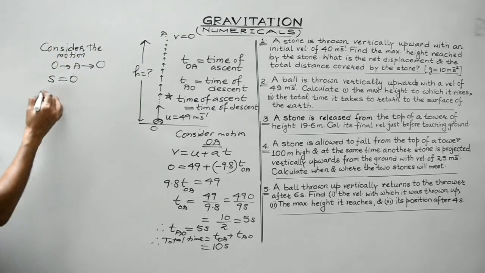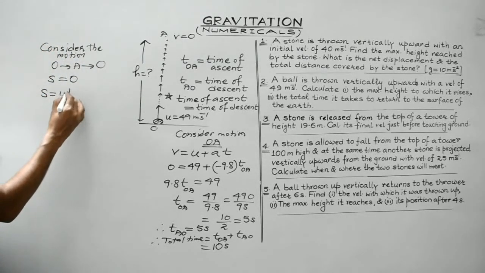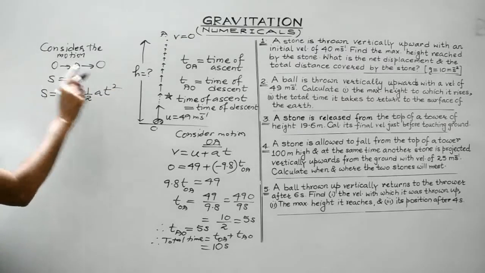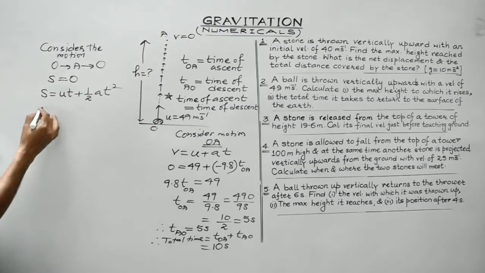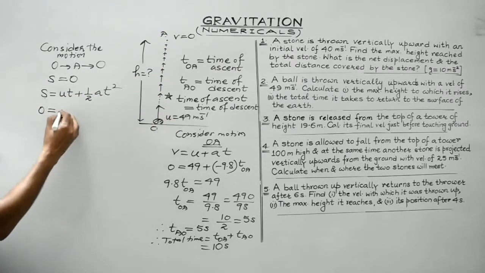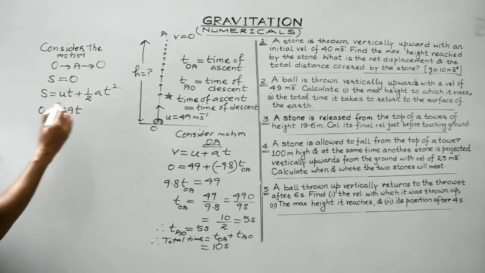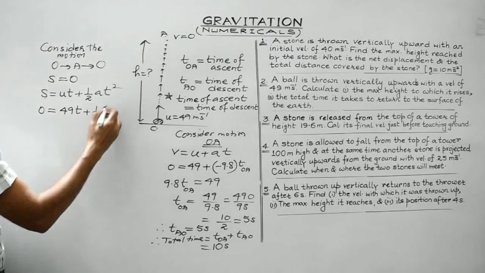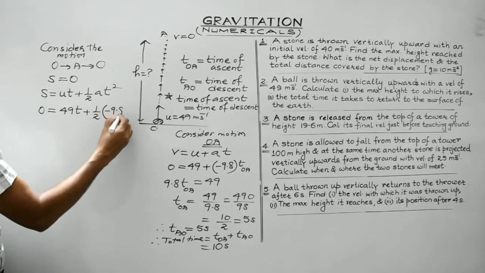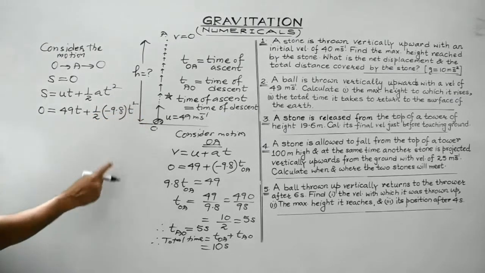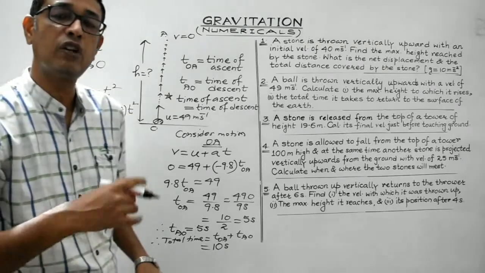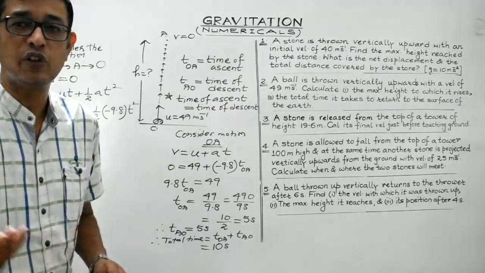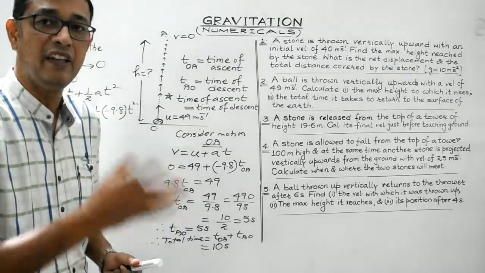So, here we can make use of second equation of motion. S equals to ut plus half at square. Displacement throughout the journey of this body is 0. U is 49 t plus half. A is minus g, that is minus 9.8, and this is t square. And this t, student, is the total time of flight, the total time during which the ball remains in air, right?